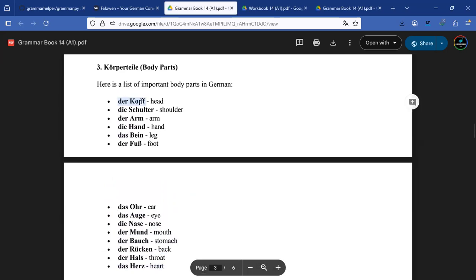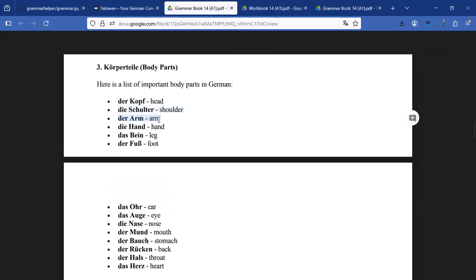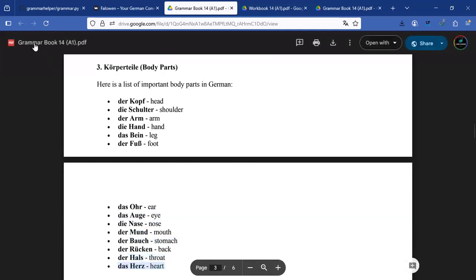So we have the Kopf, the Schulter, the Arm, the Hand, das Bein, the Fuß, das Ohr, das Auge, die Nase, der Mund, der Bauch, der Rücken, der Hals, and das Herz.